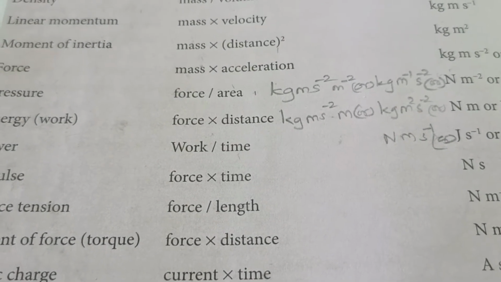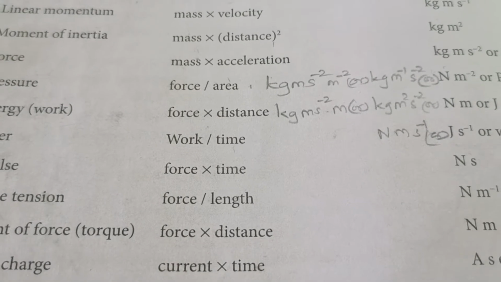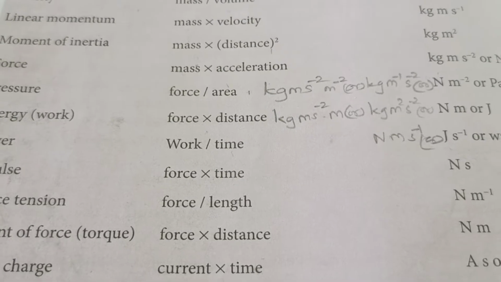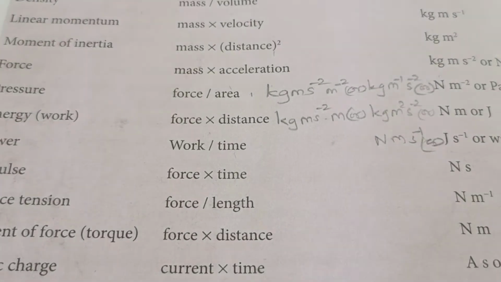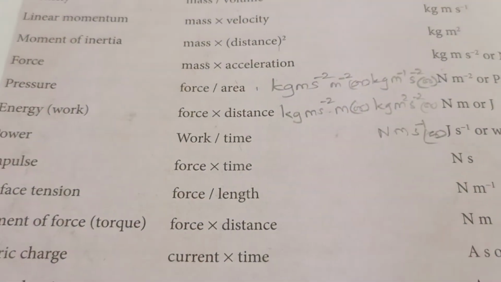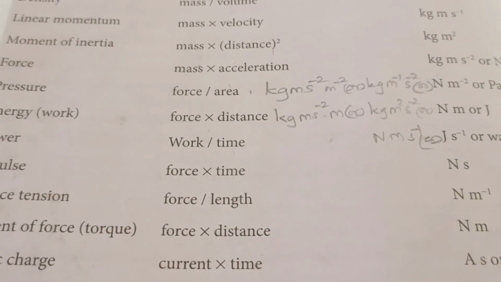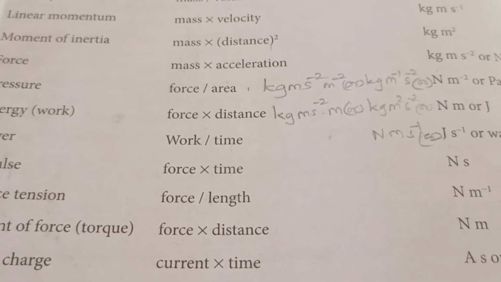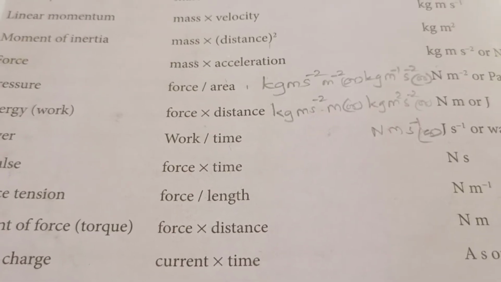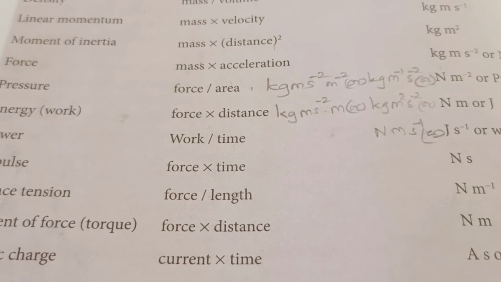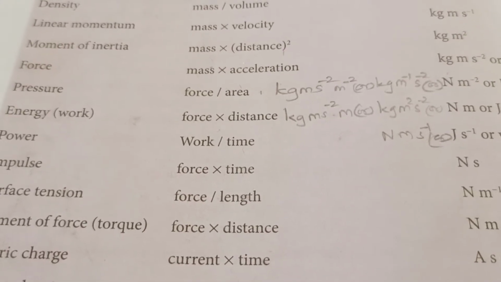Force: F equal to ma according to Newton's second law. So mass into acceleration, kg meter second power minus 2 or Newton. Pressure: force by area, kg meter second power minus 2 by meter squared. So you get kg meter power minus 1 second power minus 2, or Newton meter power minus 2, or Pascal. Energy: force into distance.